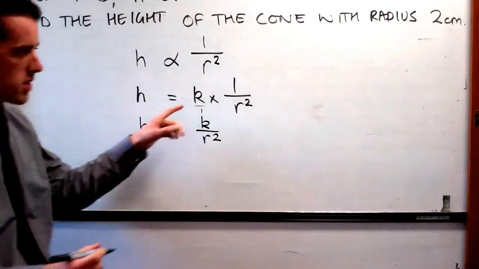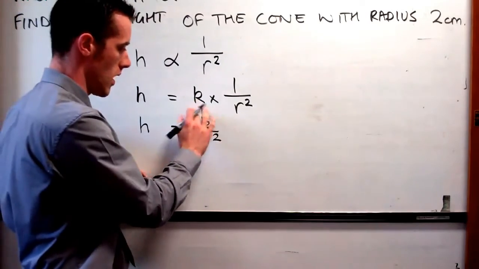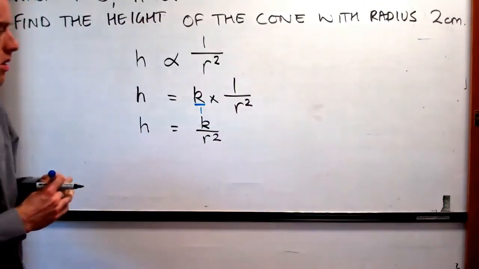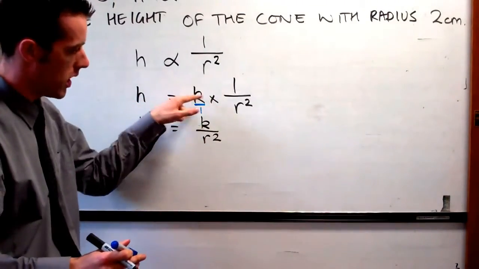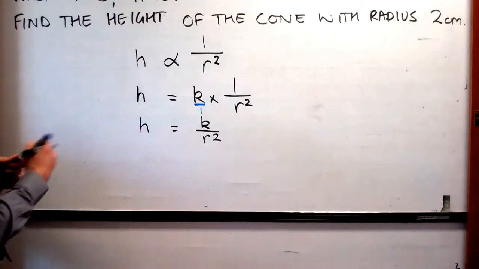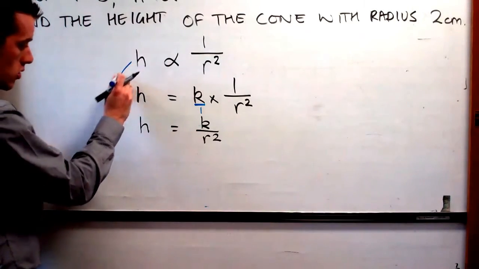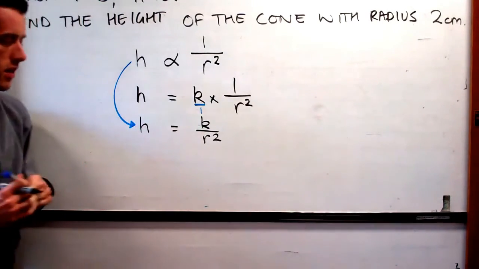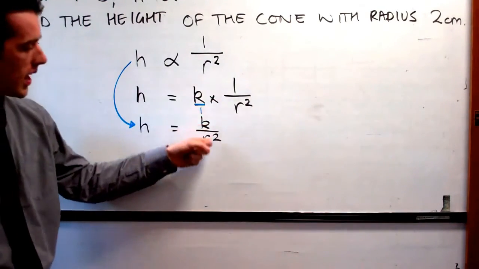Remember, we're multiplying fractions, so that's k over 1. Multiply straight across, so k times 1 is k, 1 times r squared is r squared, and very often you can just jump straight to this line here. Okay, so we've got h equals k over r squared.